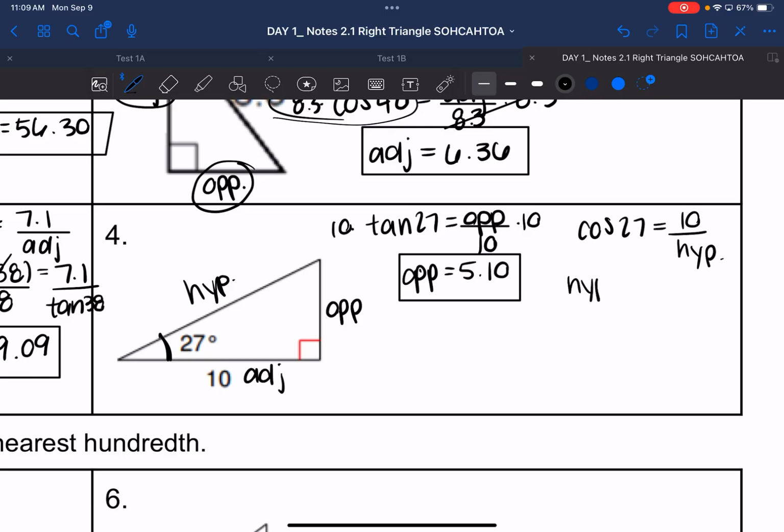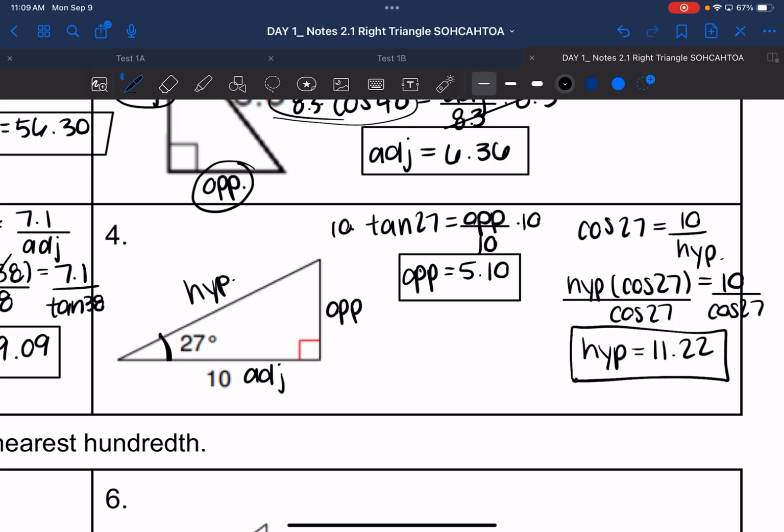So I have the hypotenuse times cosine of 27 is equal to 10. And then we're going to have to divide. So I divide both sides by that cosine of 27. All right, so the length of our hypotenuse is, nice. Okay. All right, so hopefully that kind of refreshes our memory on how we use trig to find missing sides.